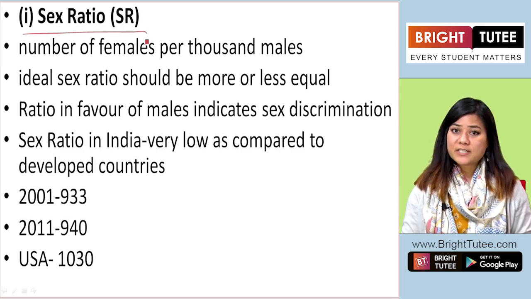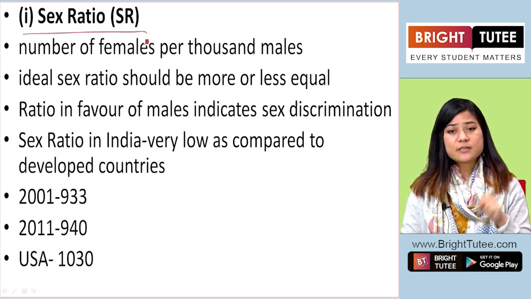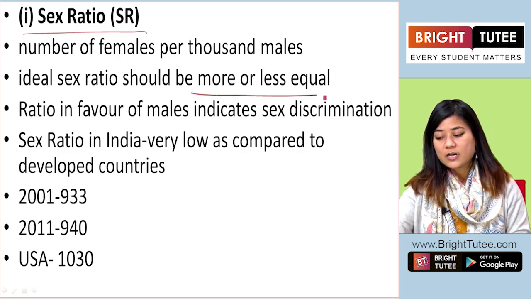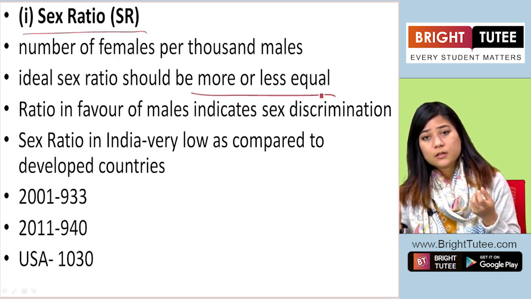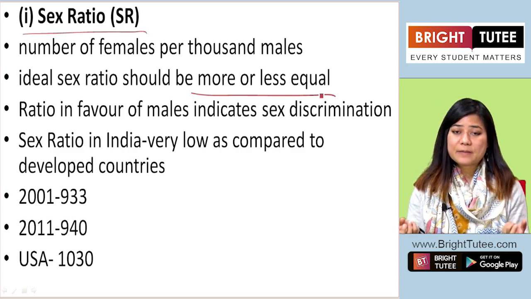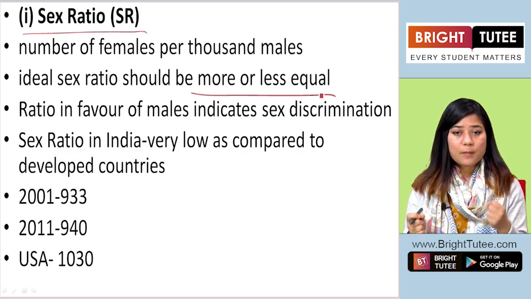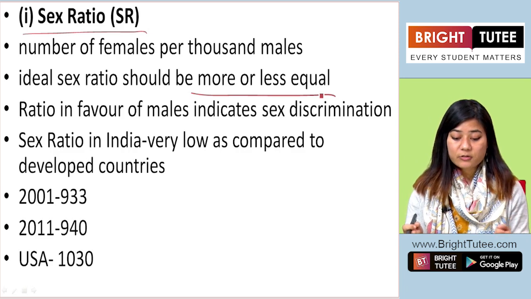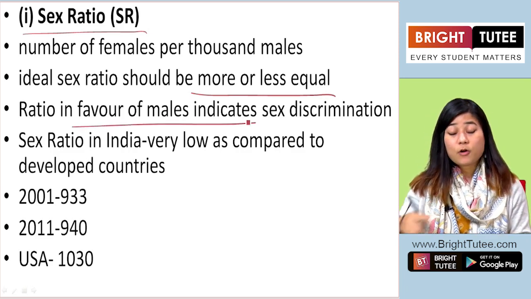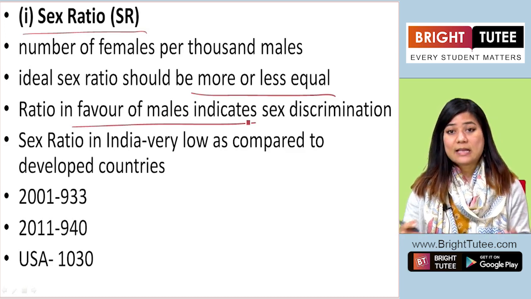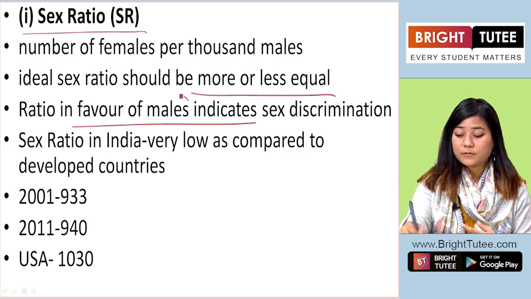Now, in a perfect circumstance, this ratio has to be more or less equal. The number of males and the number of females has to be equal, but actually it is not. The ratio that we see is most of the time in favor of males, which means that there is domination of the males.